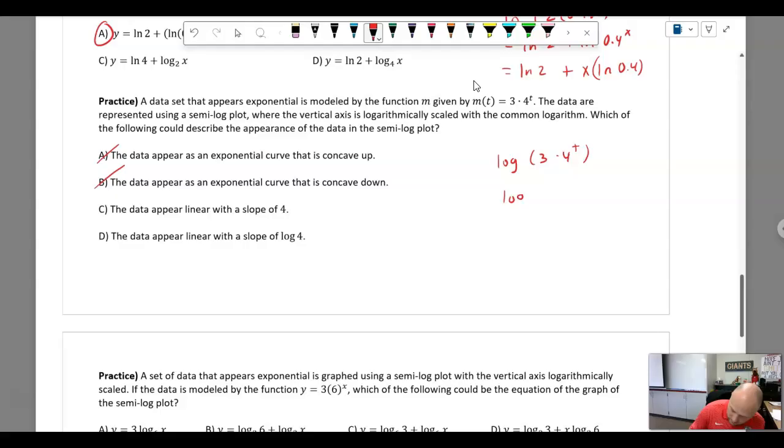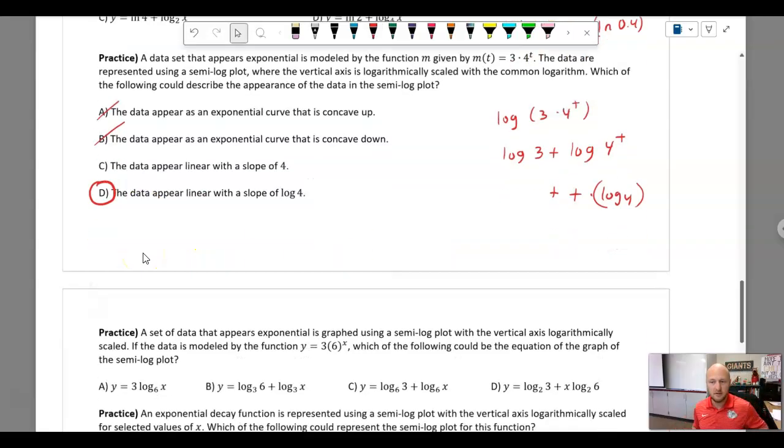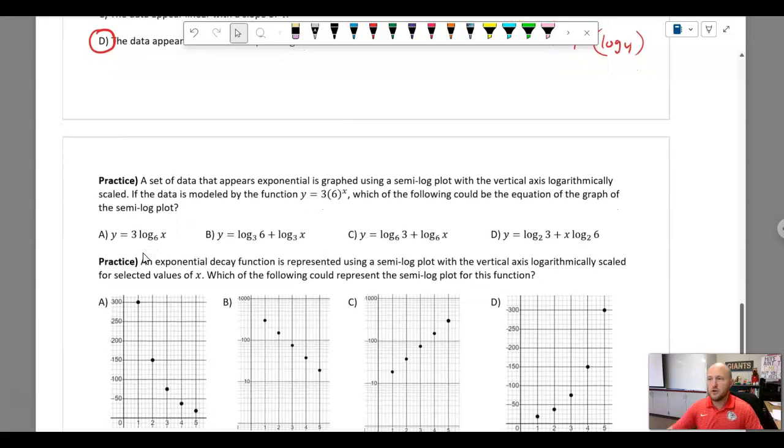This is going to be equal to log of 3 plus log of 4 to the t power, which gives me t times log of 4. So our slope will be log of the base. Answer here, D. The answer is D. Did you get it? Okay, if not, hopefully you can get this next one.